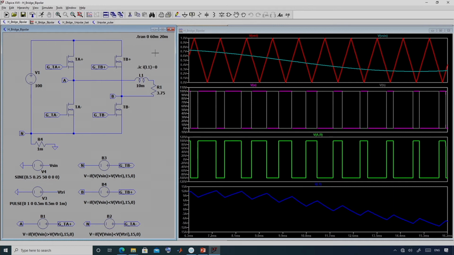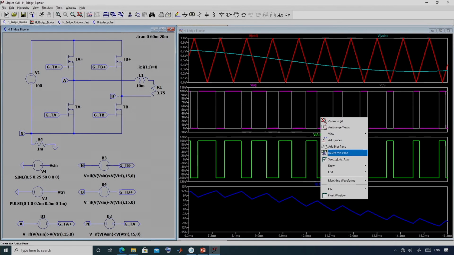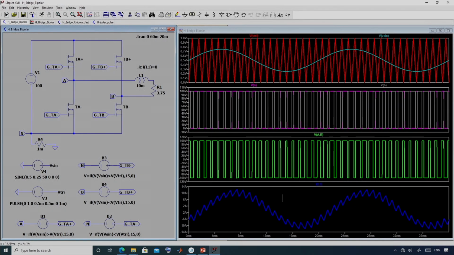And this is your load current waveform IL1, and you see here that whenever the voltage is positive, the current is increasing, and when it is negative, the current is decreasing. So we can see this whole current waveform which is following a sinusoid, but it has a switching frequency component in it.